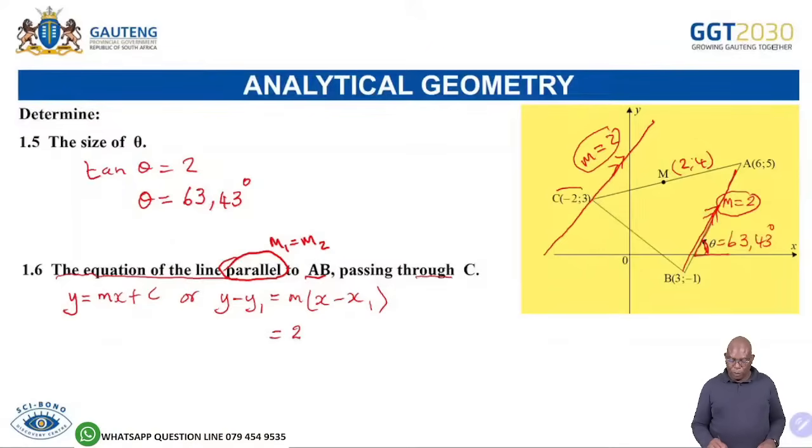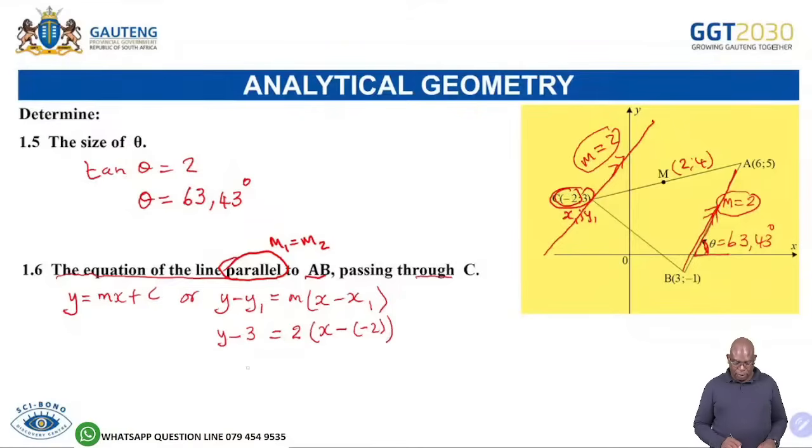Now I've got a point here. So I'm going to call this point x1 and y1. So I'll have y minus, what is y1? It's 3. Into x minus, what is x1? It's -2. So that will be -2, bracket there.